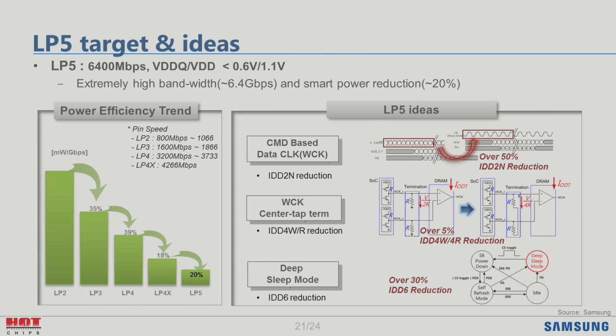Okay, this slide shows the target of LP5 and several ideas for low power. The speed target of LP5 is double compared to the LP4, and the voltage will potentially be lower than 0.6 volt.